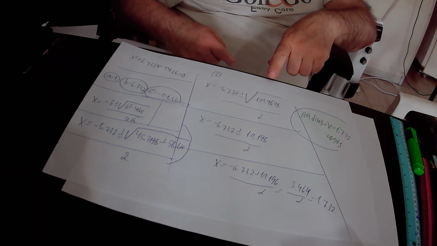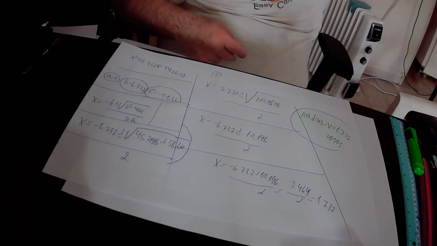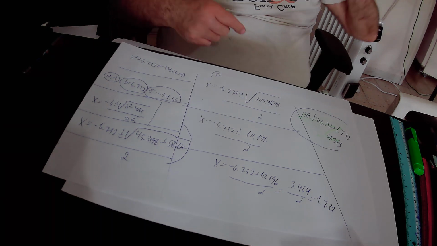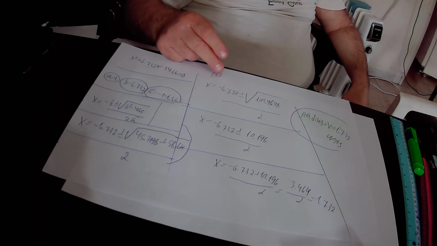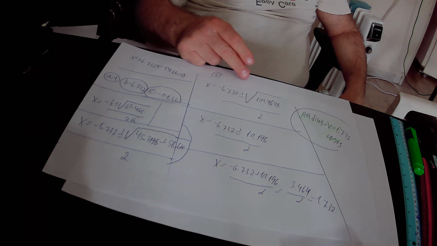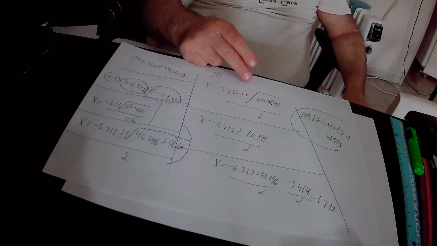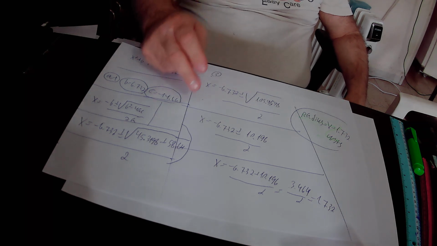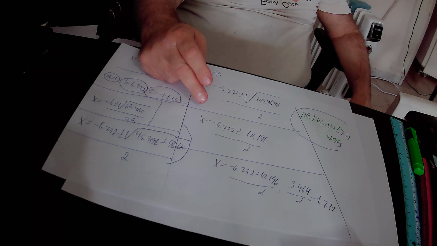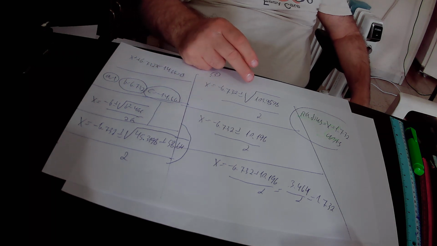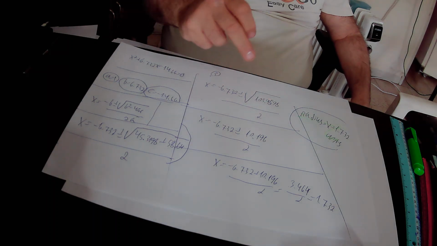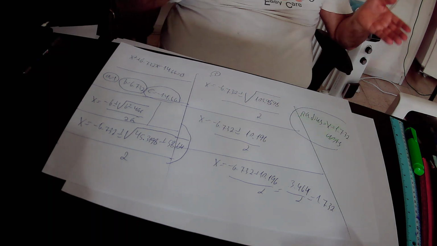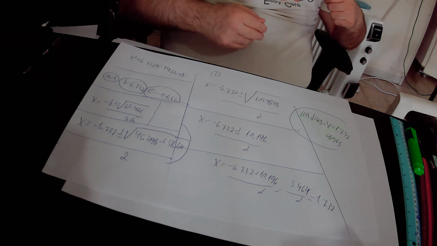So inside the root we are left only with 103.9598. In conclusion, x equals minus 6.732 plus or minus the square root of 103.9598, divided by 2. The square root of 103.9598 equals 10.196. So here we have two possible solutions for x.